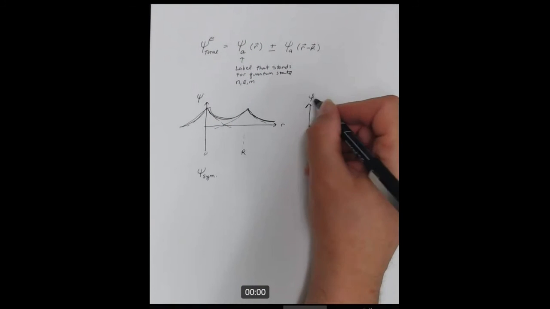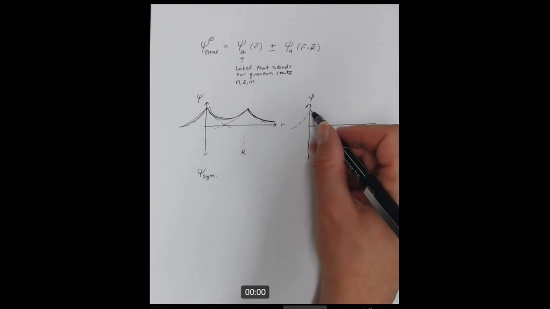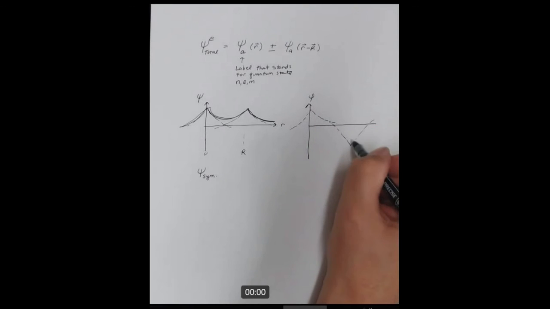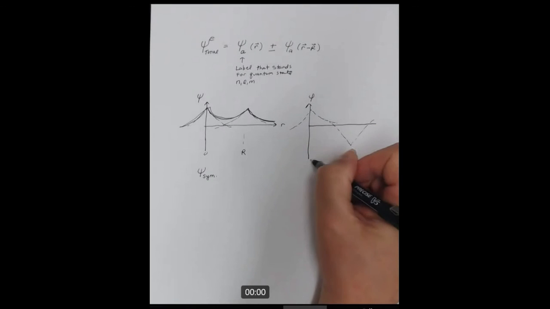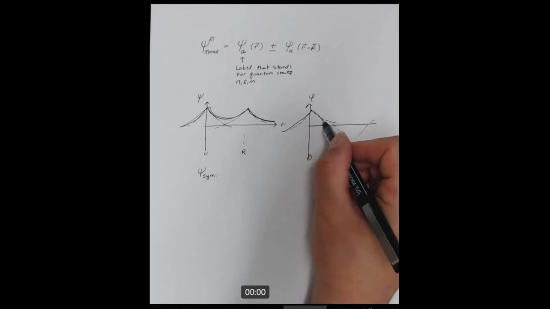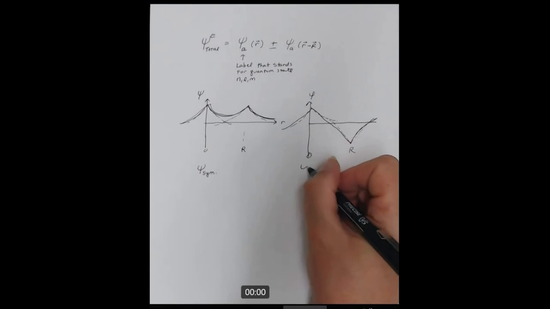If we take the first one, centered around R0, and then the second one, here's R, here's 0. And what would we get? The overall wave function might look something like this. So we'll call this the anti-symmetric case.